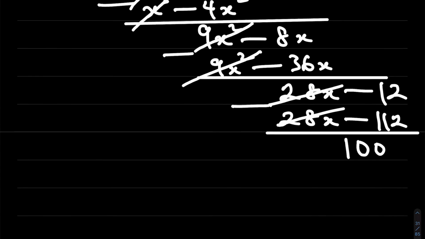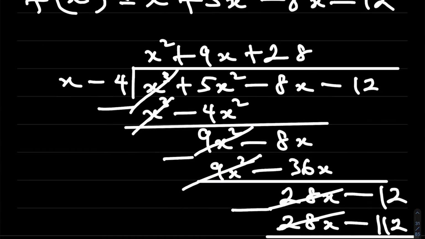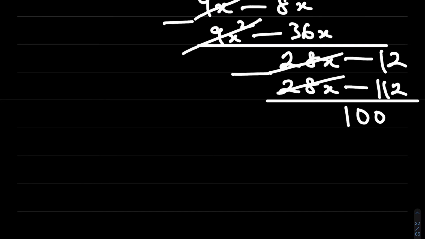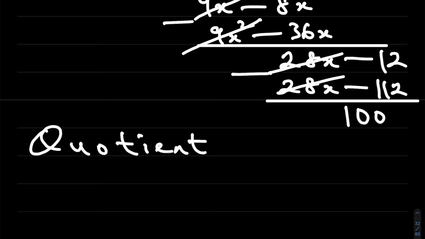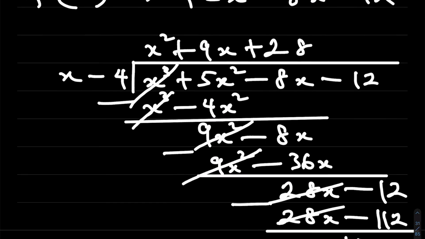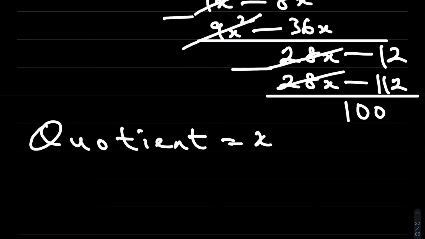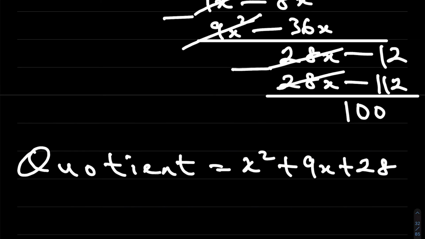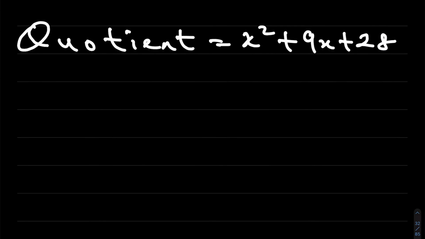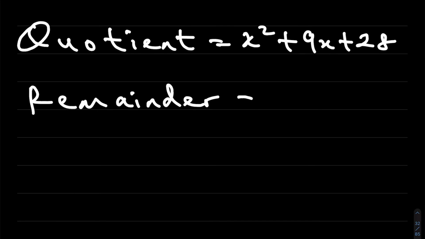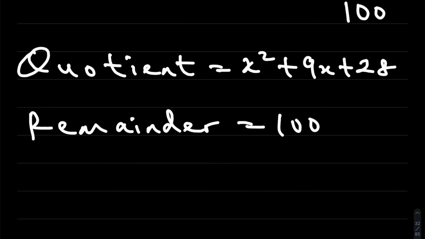So the quotient when f of x is divided by x minus 4 is x squared plus 9x plus 28, and the remainder is 100. And that's that.